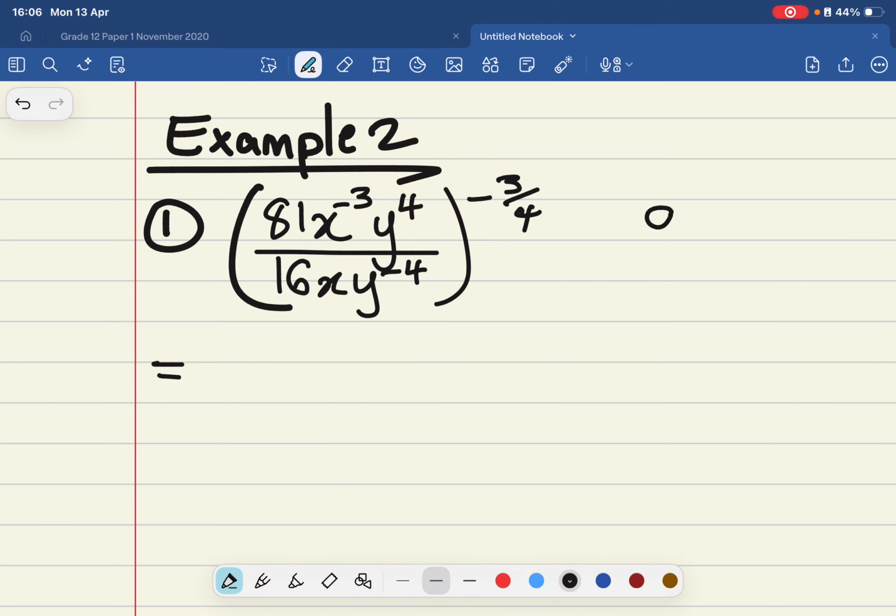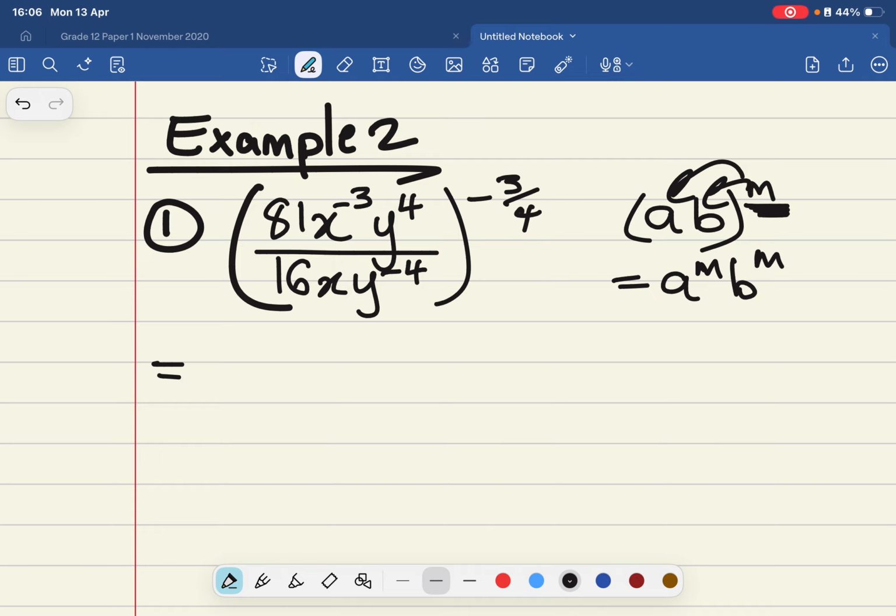Remember that when you have a b, this is a product, and it's raised to the power of m, your answer will be a to the power of m, b to the power of m. So the exponent m is going to be raised to each and every term inside the brackets. Even if you have a over b raised to the power of m, this m is going to be raised to each and every term inside the bracket.